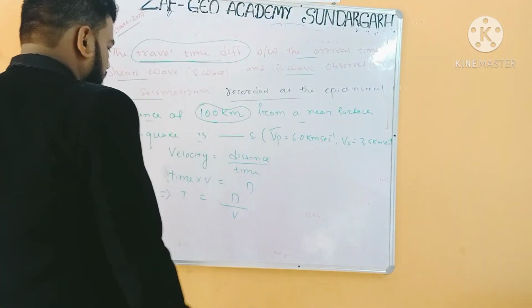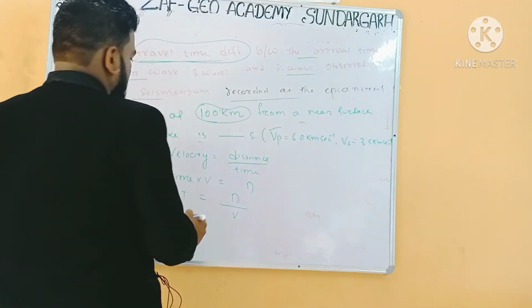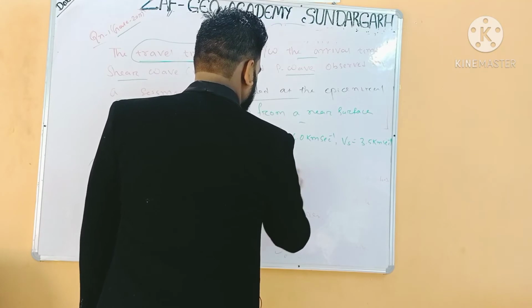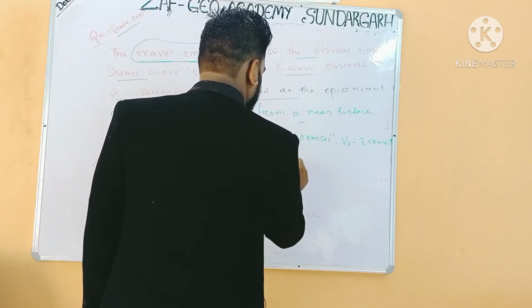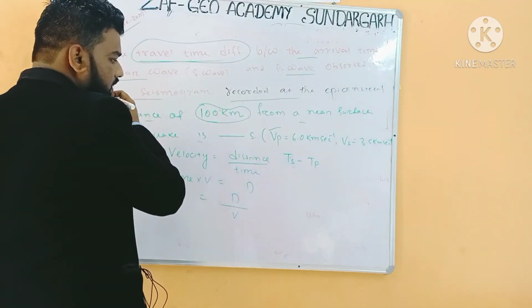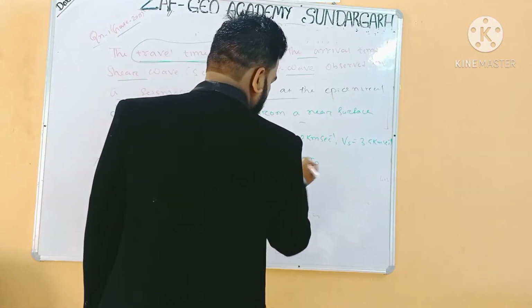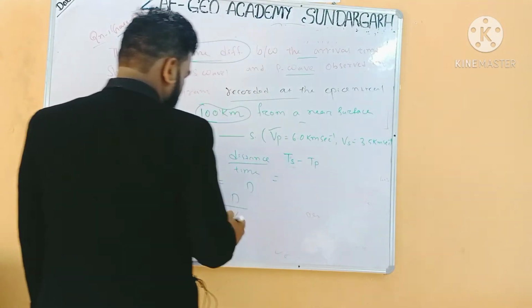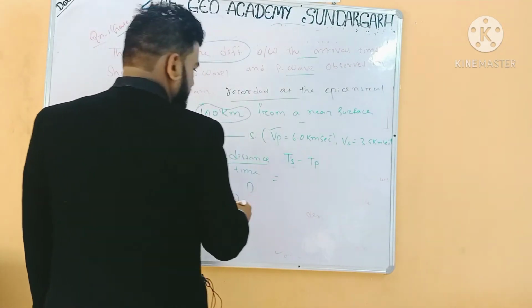Now he is asking about the difference. So the difference is the time required for the S wave minus the time required for the P wave in reaching. So the difference will be equal to distance by velocity.